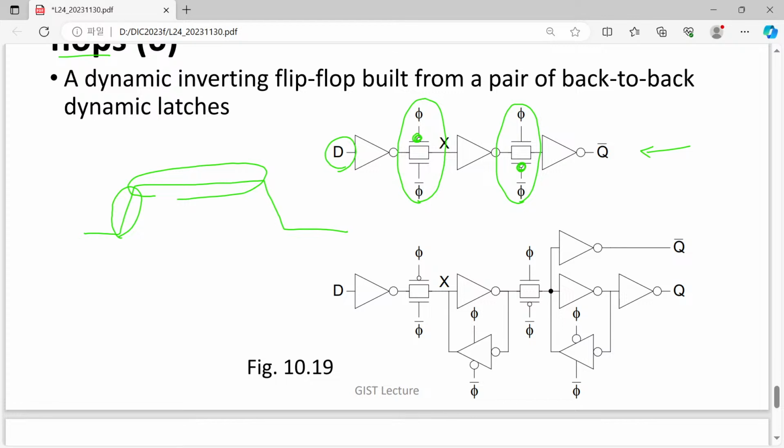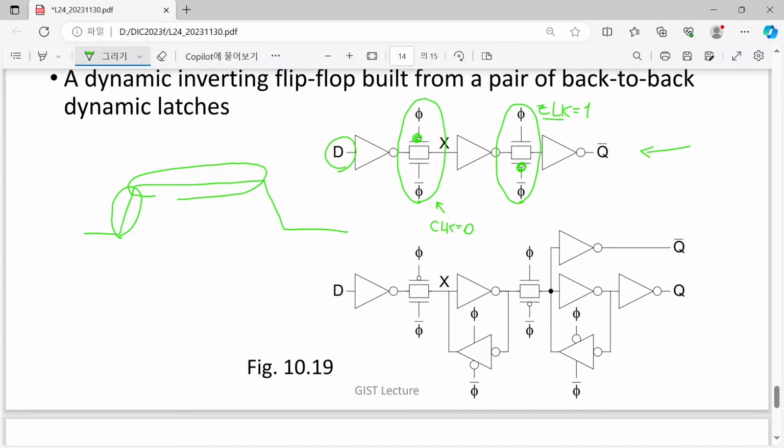So the first one reacts when clock signal phi equals 0, and the second transmission gate is open when we have the clock signal equal to 1.